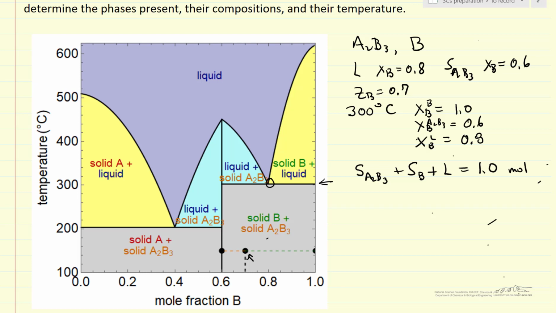We can also then do a balance on B, saying the mole fraction of B in the A2B3 phase, this notation doesn't mean the subscript, just trying to indicate that phase, times the number of moles, the A2B3 solid, plus mole fraction of B in pure B, times the number of moles, plus the mole fraction of B in the liquid, times the number of moles, equals the number of moles of B in this mixture, which is 0.7.